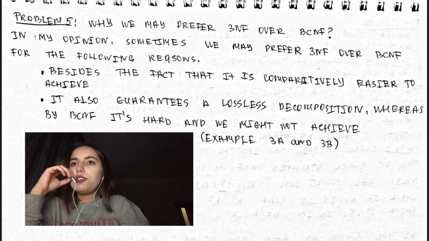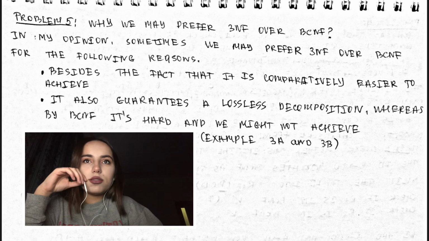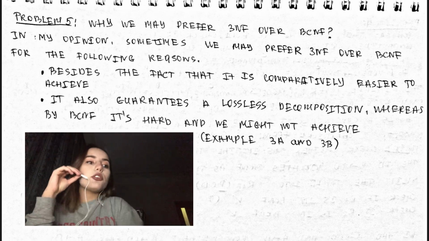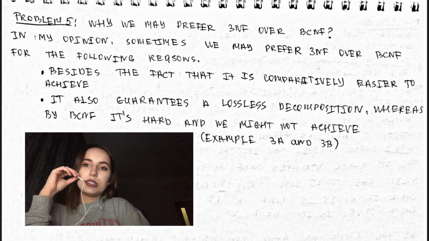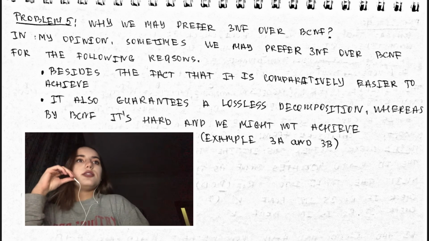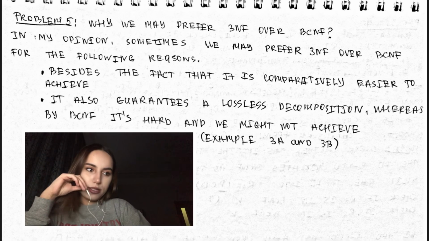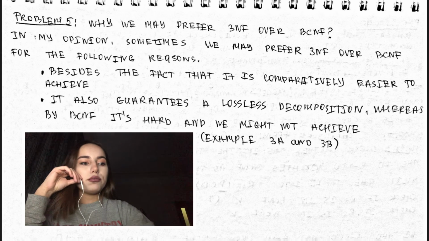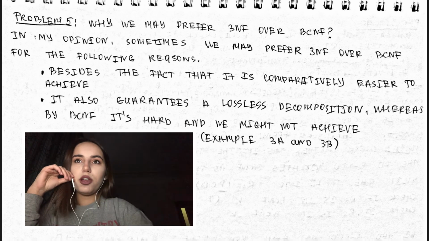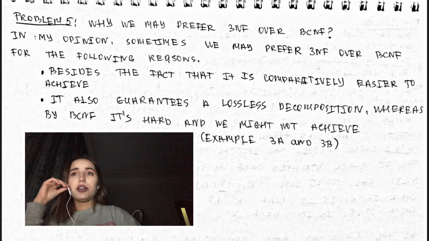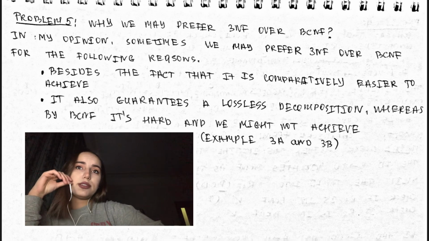I'll mention two reasons as I wrote in this homework. The first one is that 3NF is easier to achieve. When the functional dependencies get more complicated and complex, BCNF algorithms become pretty hard to apply, and comparatively 3NF is much easier.